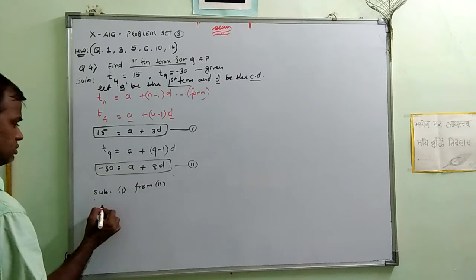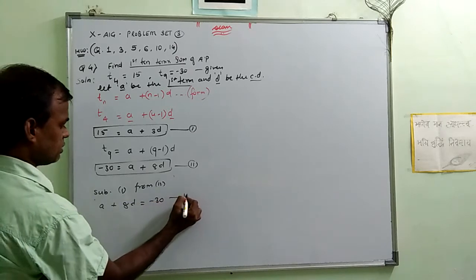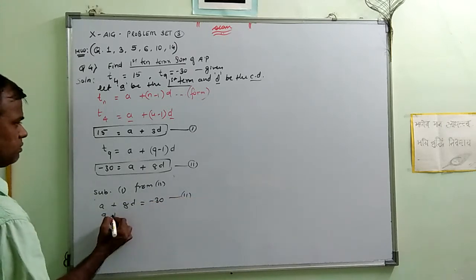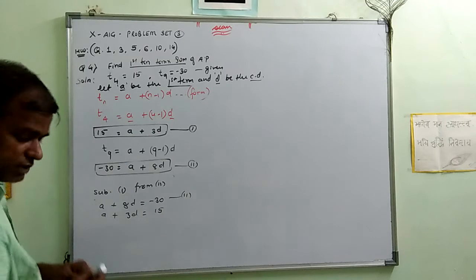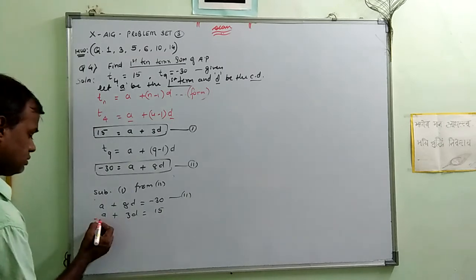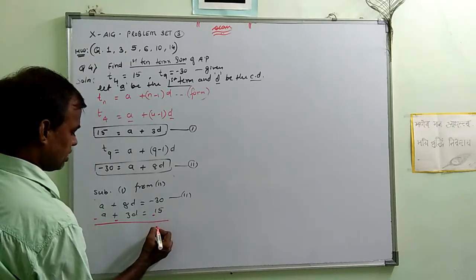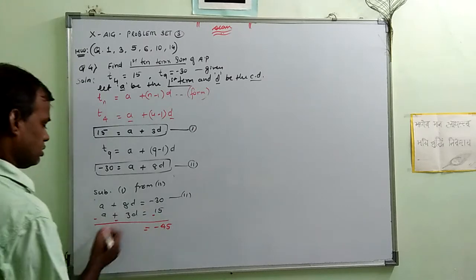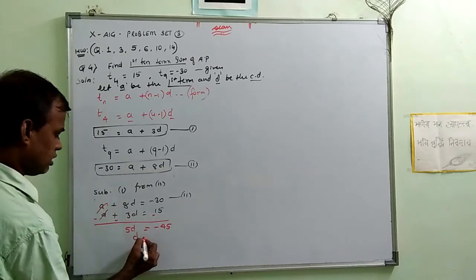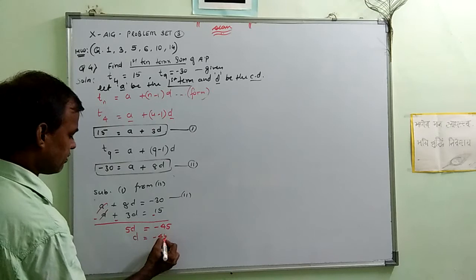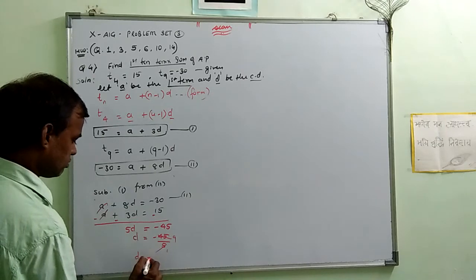So this will come a plus 8d equals minus 30, a plus 3d equals 15. When we subtract, the sign changes. Minus 30 minus 15 is minus 45. 8 minus 3, 5. This got cancelled. D equals minus 45 upon 5. 1 the 9 the. So D equals minus 9.